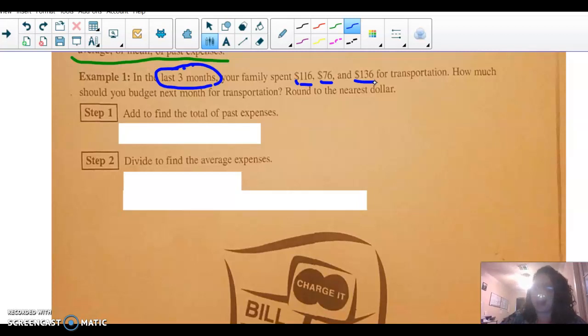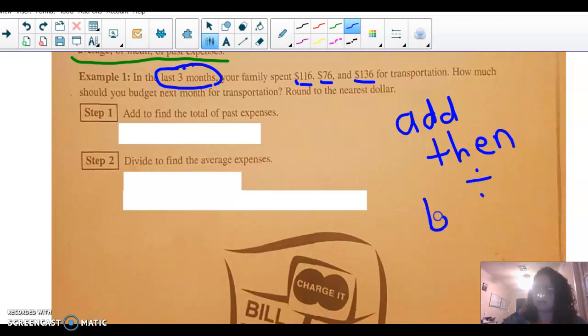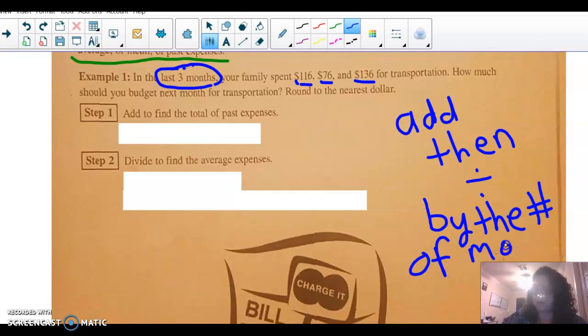So to find the average, we add everything together. Then we divide by the number of months. That's how you find the average.